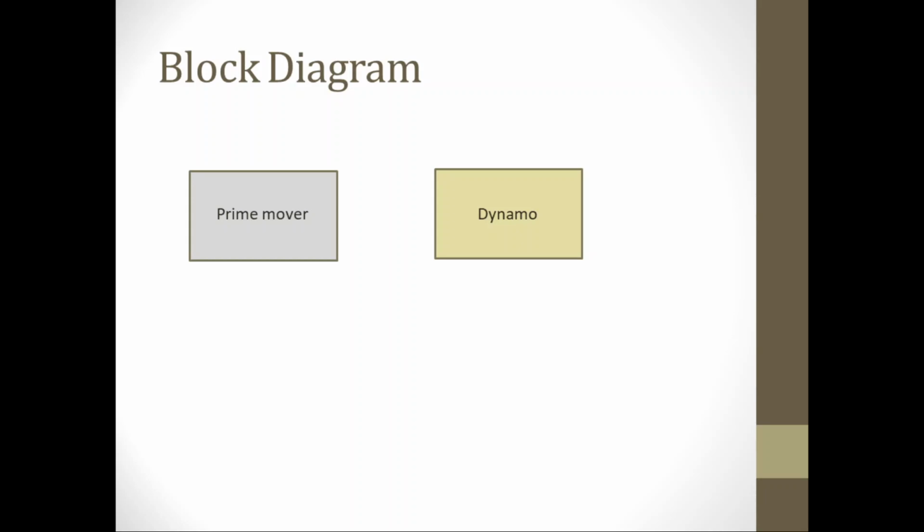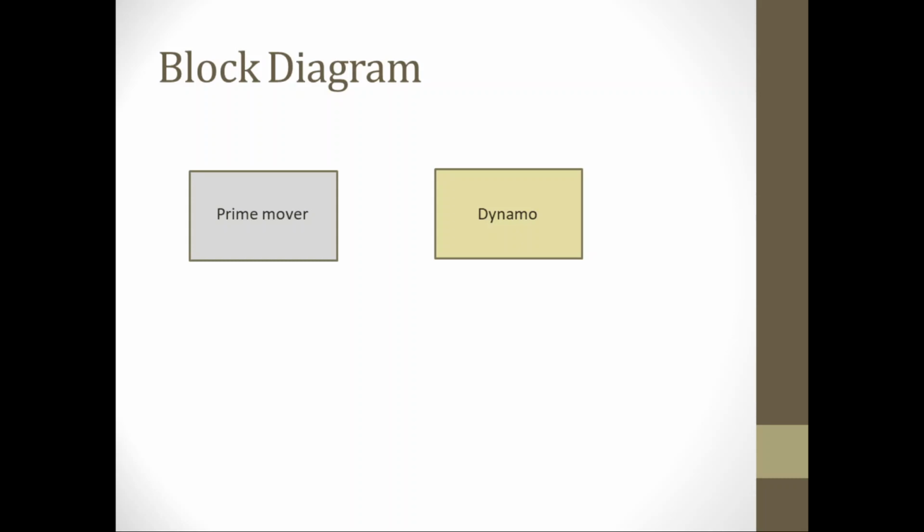When a dynamo is given mechanical input, it is termed a DC generator. But when a dynamo is given an electrical input, it is termed a DC motor.